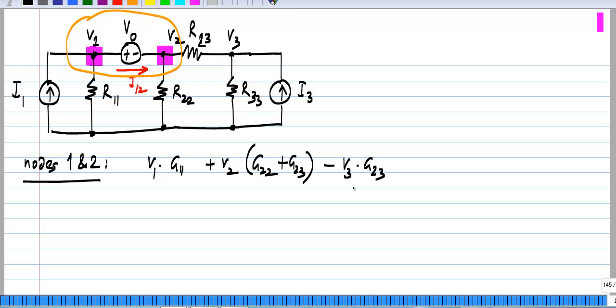And if we happen to have some other node with V4 and G14, we would also get minus V4 times G14 and so on. This is not in our circuit right now, but if it was there, that would also appear.